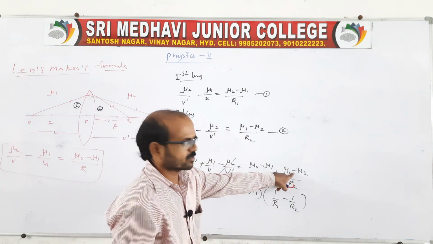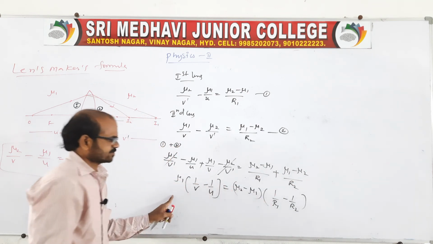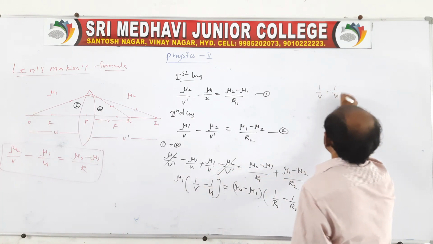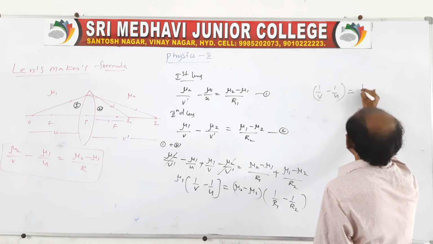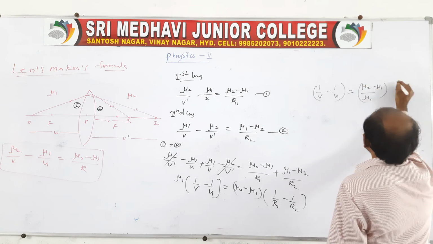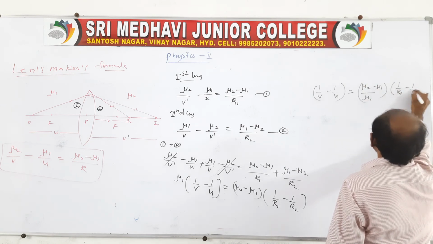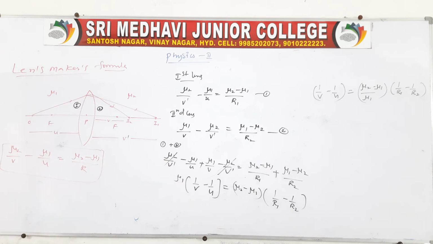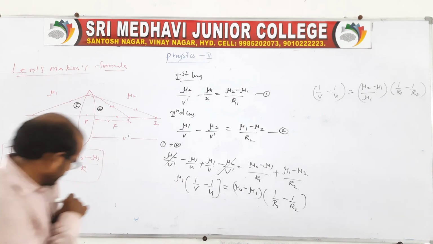Here there is only mu1 minus mu2. So we will get like this. So here you take 1 by v minus 1 by u is equal to mu2 minus mu1 by mu1 into 1 by r1 minus 1 by r2. Is it okay now?